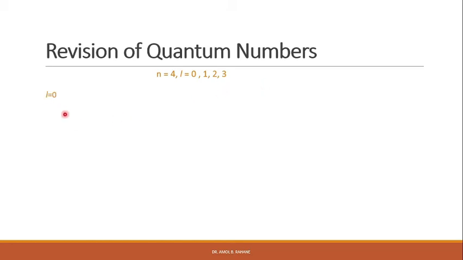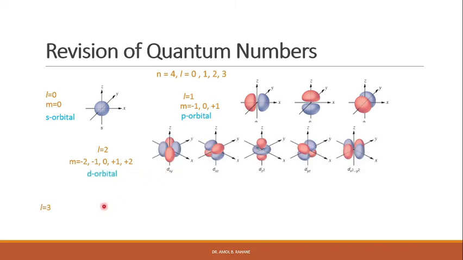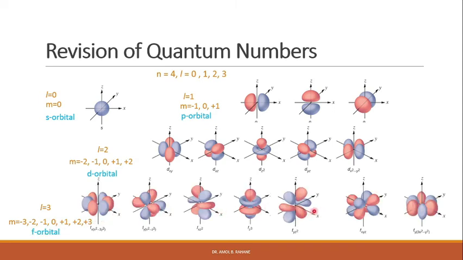For l = 0, again m = 0, that means s orbital. For l = 1, we get 3 different values of m, that means p orbital. For l = 2, we get 5 different values of m, that means d orbital, and for l = 3, we get 7 different values of m, therefore it represents the f orbitals.